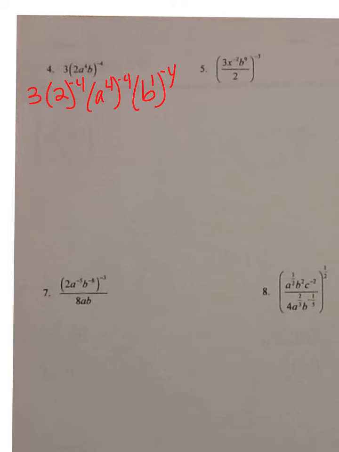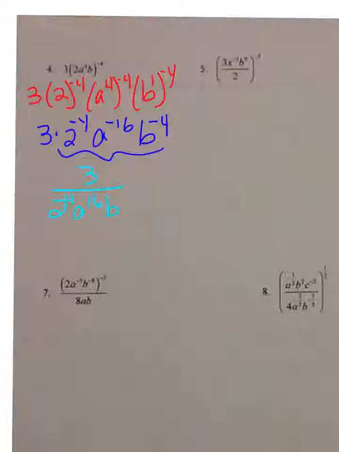Nothing's going on with 3. So I have 3 times 2 to the negative 4th, a to the negative 16th, b to the negative 4. All my bases with those negative exponents go into the denominator. So it's 3 over 2 to the 4th, a to the 16th, b to the 4th. 2 to the 4th power is 16. So it's 3 over 16, a to the 16, b to the 4th.